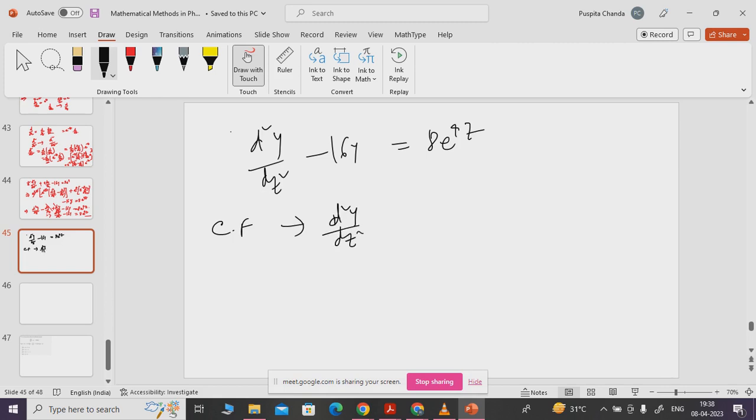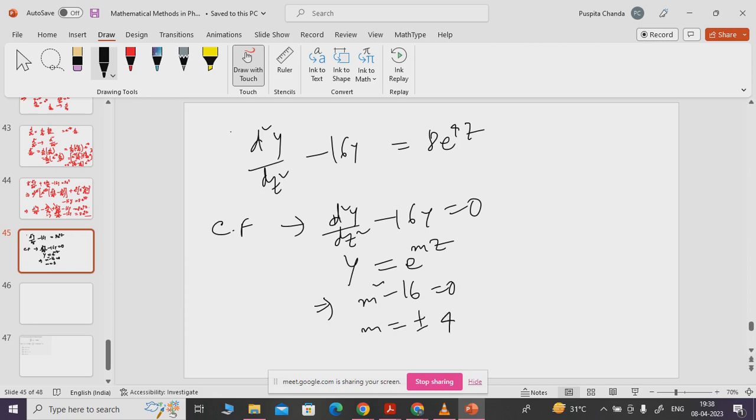First complementary function, that will be d²y/dz² minus 16y is equal to 0. Now instead of e to the power mx, we need to consider e to the power mz. So it will be m squared minus 16 is equal to 0, m will be plus minus 4.